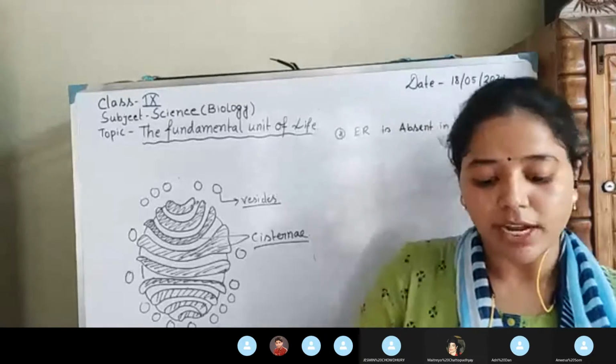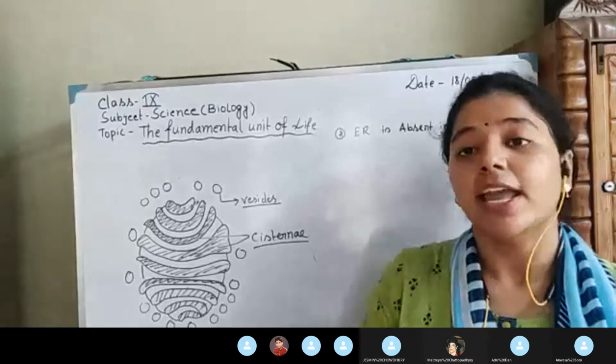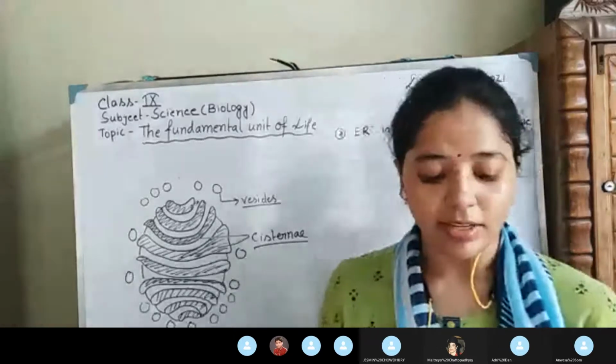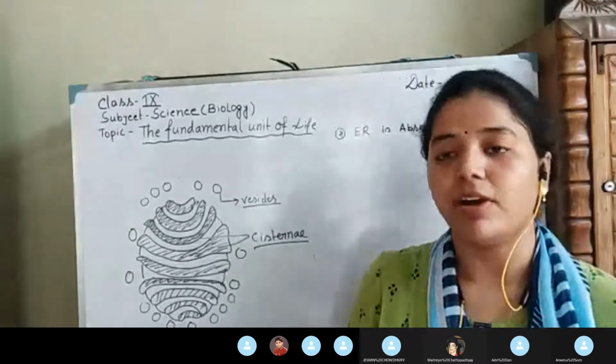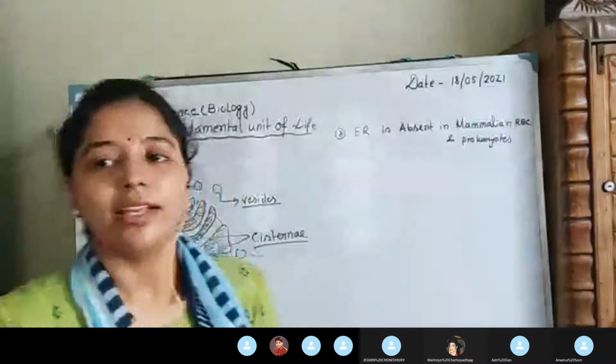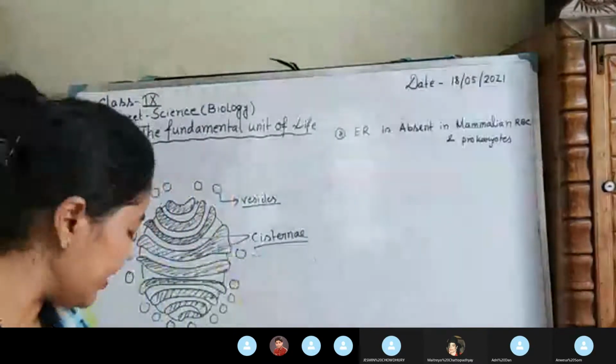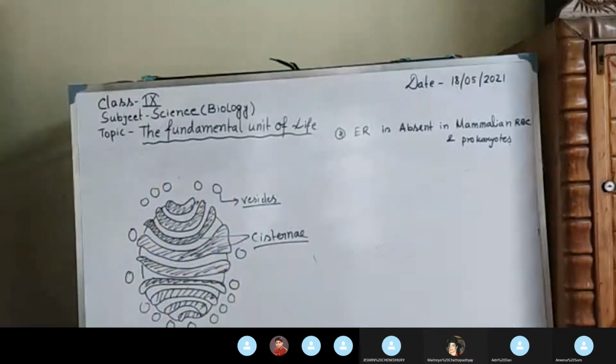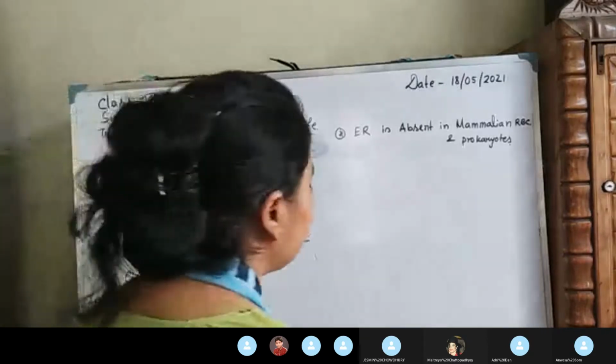Golgi apparatus is found in all eukaryotic cells except mammalian RBC. So there is another exception, just like endoplasmic reticulum, which was absent in mammalian RBC.